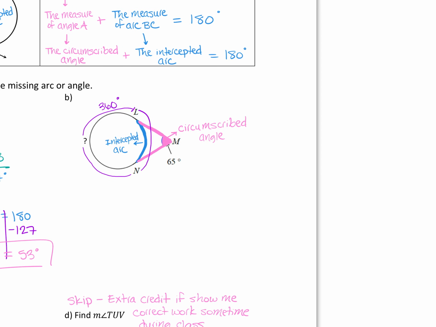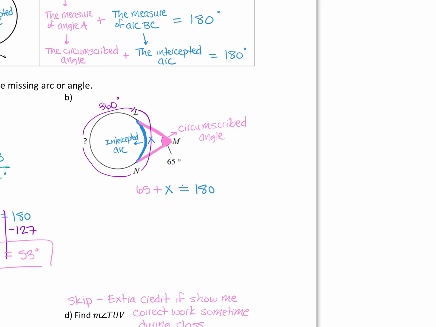And here, the circumscribed angle is 65 degrees. The intercepted arc, we don't know, but we can find that because we know that if we take the 65 degrees and add it to the intercepted arc, let's call this x, then it equals 180 degrees.